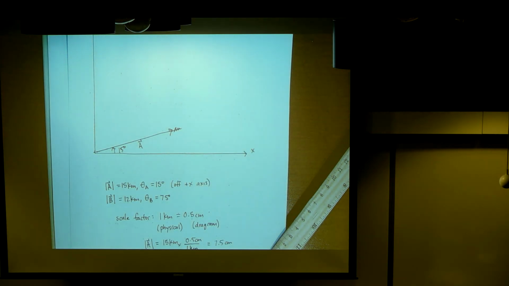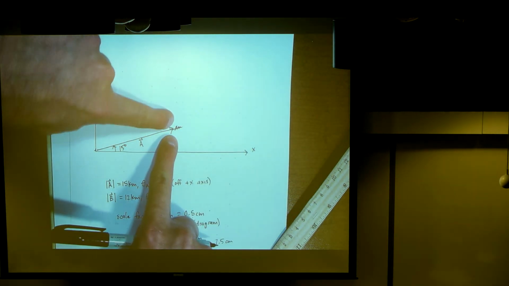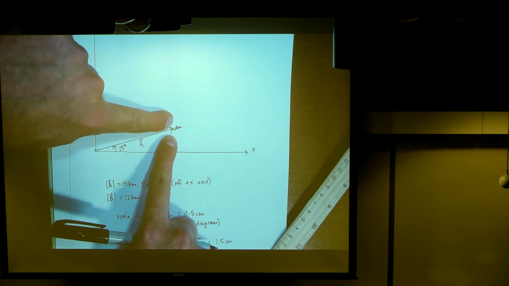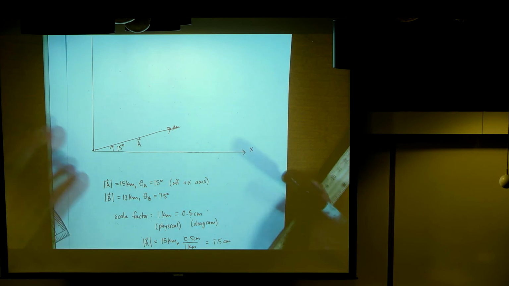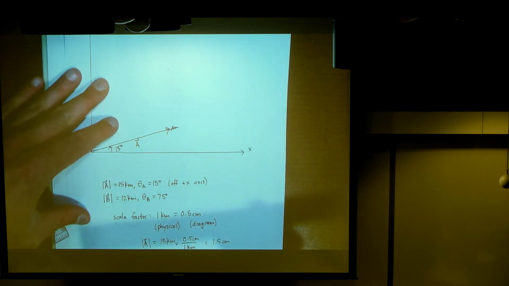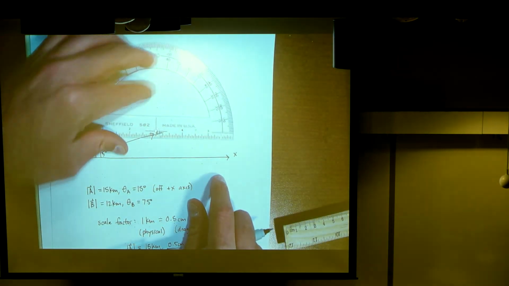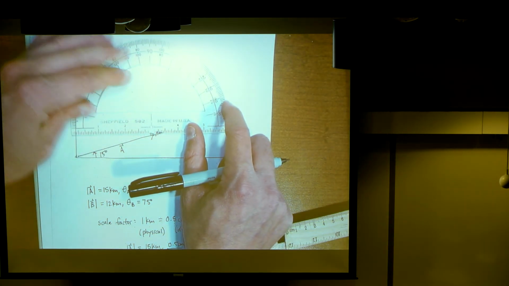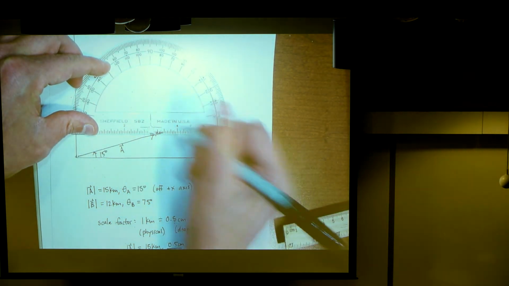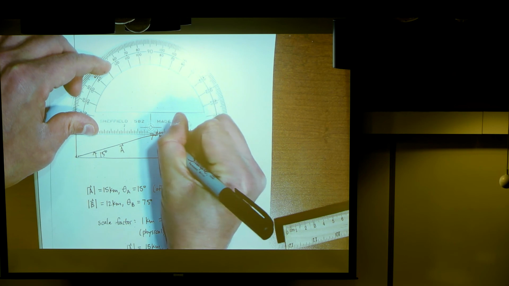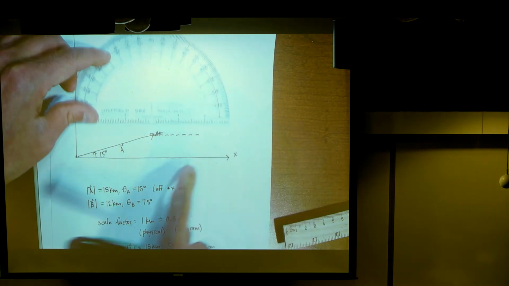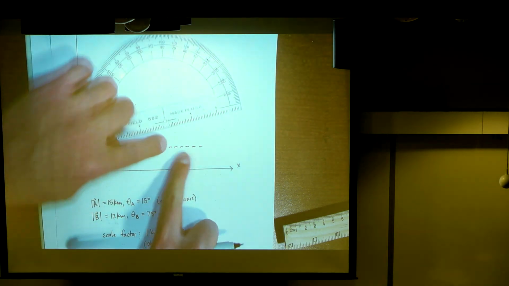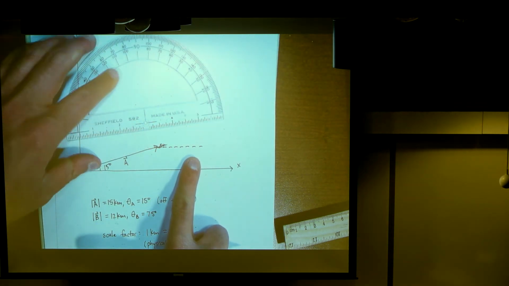Okay, next I'm drawing vector B, and I want vector B to start right here where vector A ends. That's the way this works. So the first thing I'll do is measure out an angle. Now to make sure I'm measuring this out as well as I possibly can in the limited time we have, I'm going to draw a little dashed line like this, which represents the x direction, because I'm going to measure the angle off of this line as we go forward.